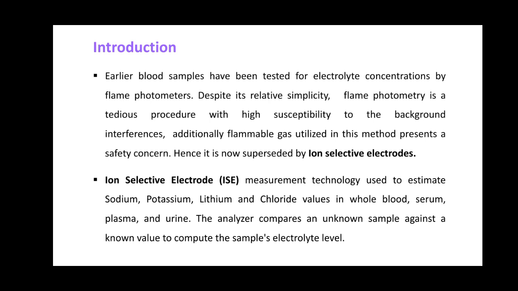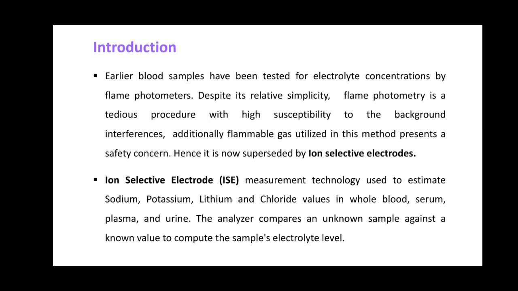Earlier, blood samples were tested for electrolyte concentration by flame photometers. By flame photometer also we can estimate or measure the electrolytes such as sodium, potassium and chloride. Later the ion selective electrode came, and despite its relative simplicity, the flame photometer is a tedious procedure with high susceptibility to background interference.